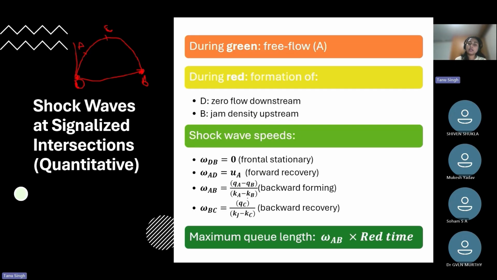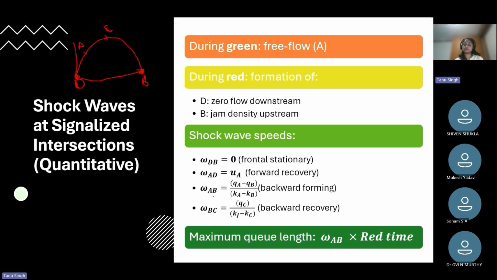Here we should write QC minus QB, but for B the flow is 0, so it is only written QC divided by KJ minus KC, because the density at point B is equal to the jam condition. That's why Kj, the jam density, minus Kc is written. So we get different shock wave speeds for different traffic state conditions.